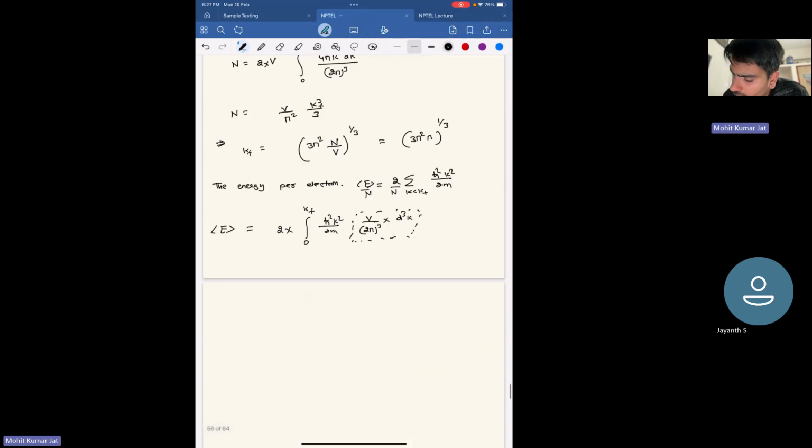So let's just do the integral. 2 times 0 to kF. Okay, let's take out the constants first outside.